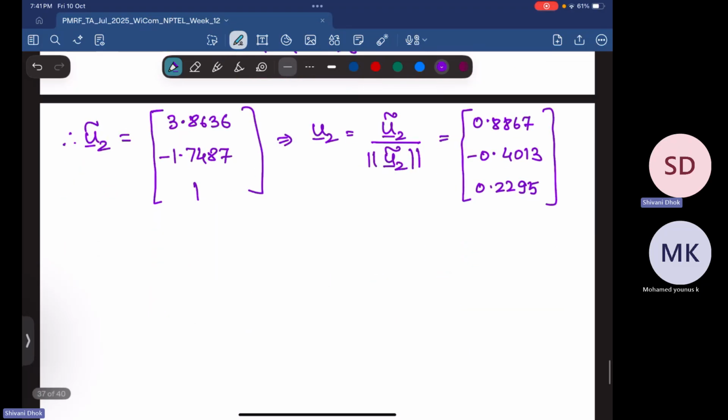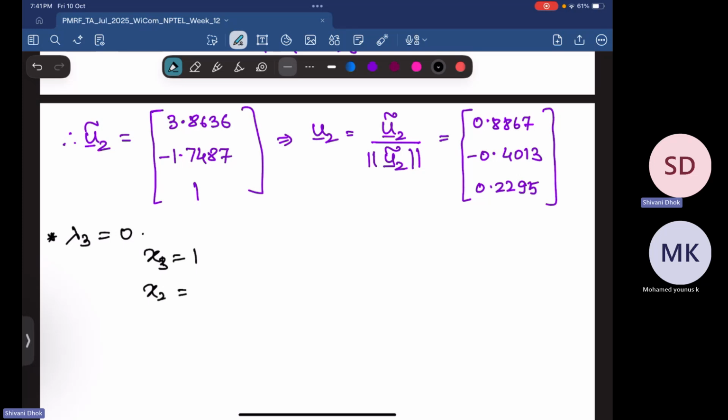And finally, the last one is for lambda 3, which is equal to 0. So again, I have x3 equal to 1.